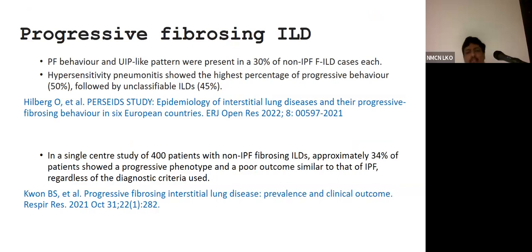In another European study in October 2021, a single center study of around 400 patients with non-IPF fibrosing ILDs, it was found that 34% of patients showed a progressive phenotype and a very poor outcome similar to that of IPF, regardless of the diagnostic criteria that was used. So this data was there in different studies.